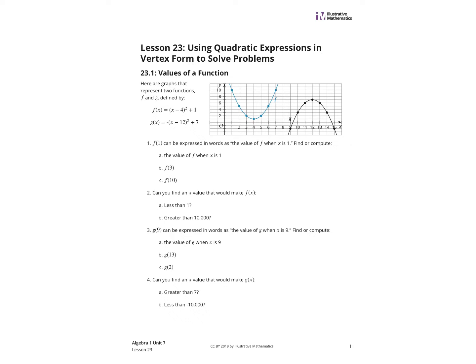So in this activity, we're going to be thinking back about the meaning of a maximum or minimum value of a function, which we learned back in Unit 6. We're also going to practice interpreting the language related to maximum and minimum values of functions. So let's think of some ways that you might use the word minimum or maximum.